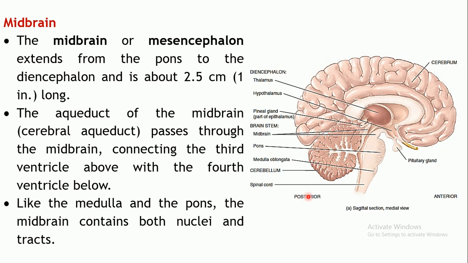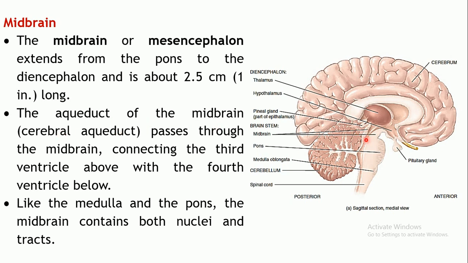And the third part, which is superior to the pons, is the midbrain or mesencephalon. This extends from the superior parts of the pons up to the diencephalon, and it is also 2.5 centimeters long. Remember this structure, the aqueduct of the midbrain or the cerebral aqueduct.